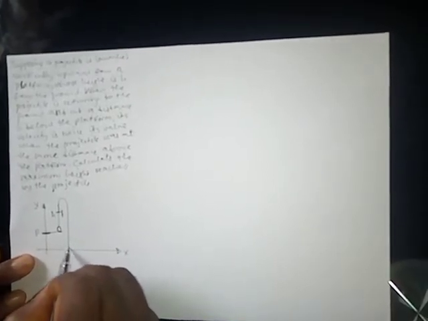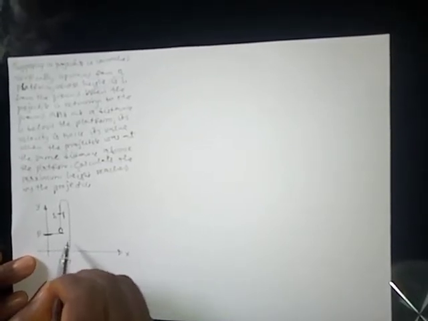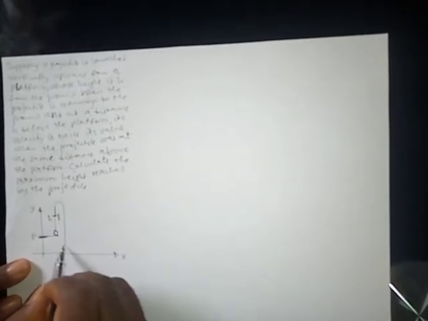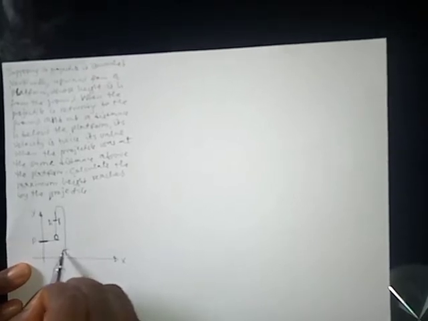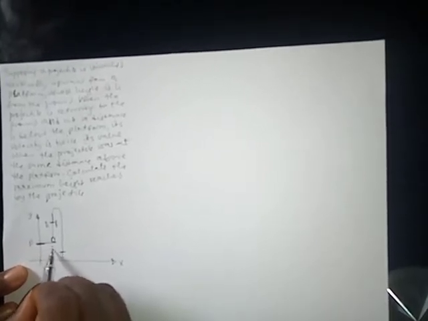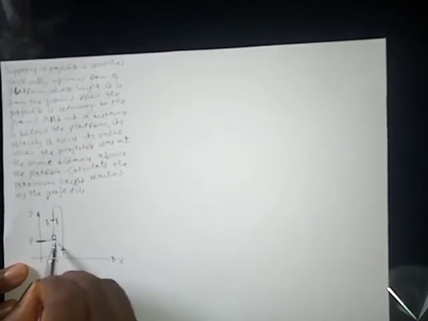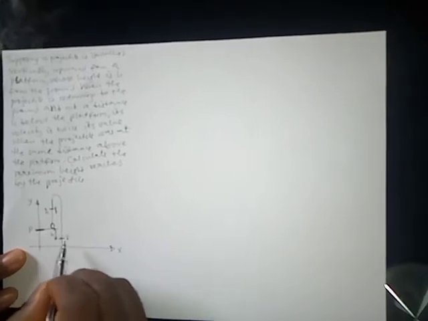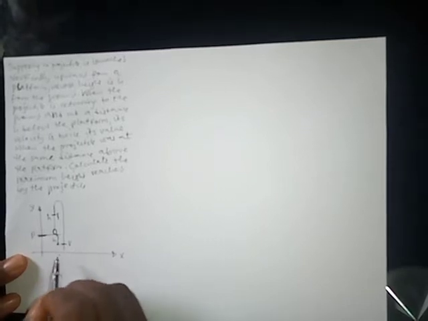Then on its way back to the ground, a reference point was also mentioned in the question at the same distance from the platform. The distance from here to this point is h. The velocity there is also a final velocity, as mentioned in the question, v2.